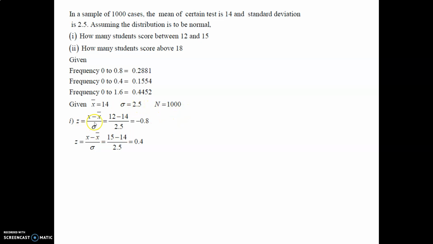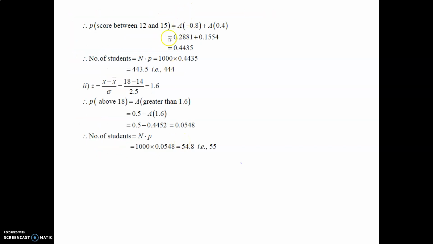The z score we have to find: x minus x bar upon sigma, 12 minus 14 upon 2.5 is minus 0.8. 15 minus 14 upon 2.5 is 0.4. The first z score is negative, so the probability between 12 and 15 is A of 0.8 plus A of 0.4, 0.2881 plus 0.1554, 0.4435.